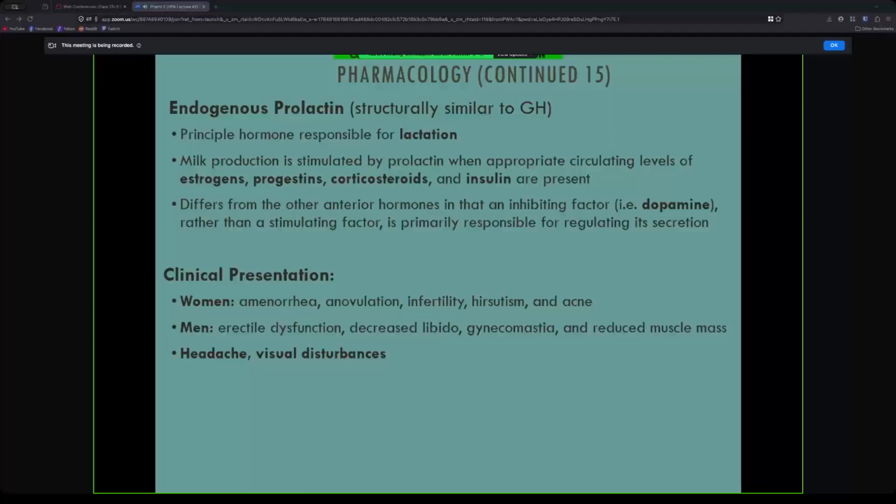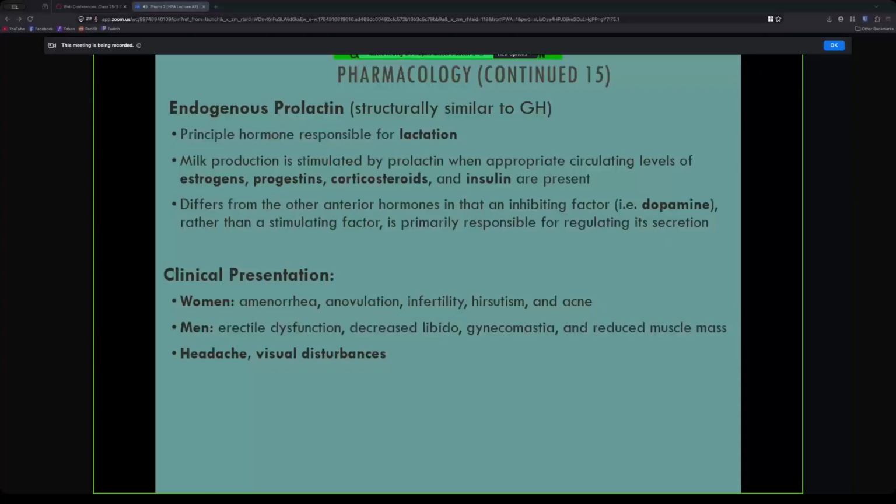So for a prolactinoma, before we jump right on it being a prolactinoma, always ask about meds, right? Because we've talked about in other courses and in our course that certain medications are dopamine antagonists, such as antipsychotics, metoclopramide, so Reglan, and some of the antidepressants.